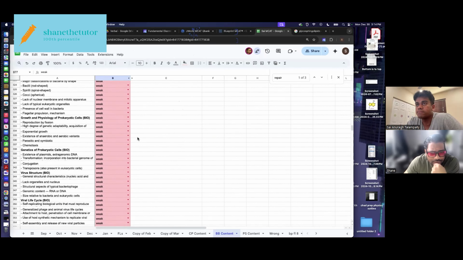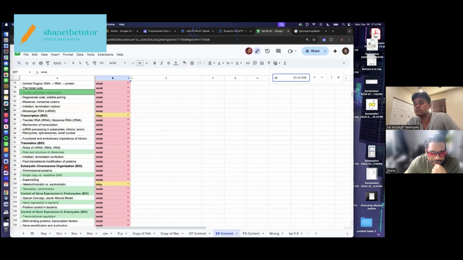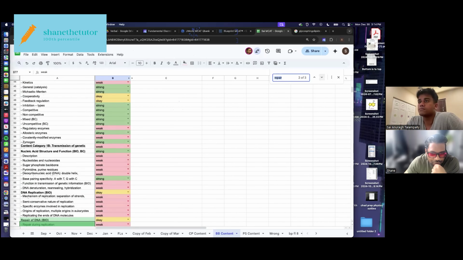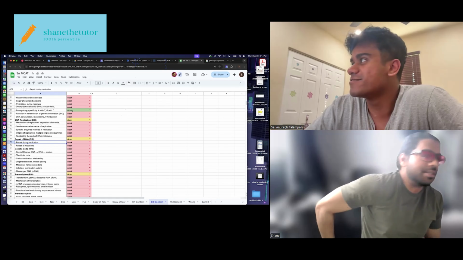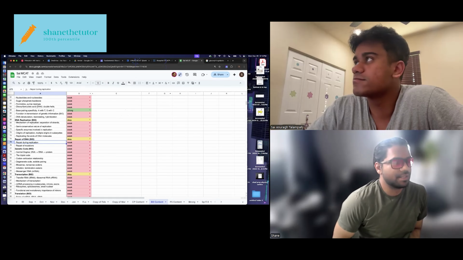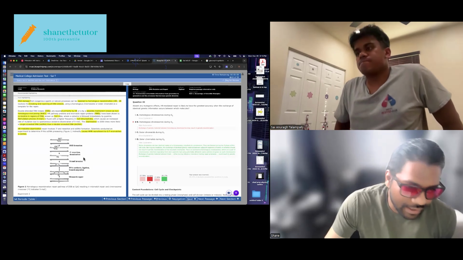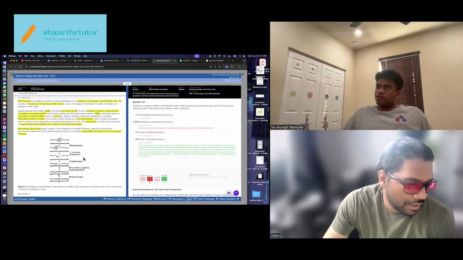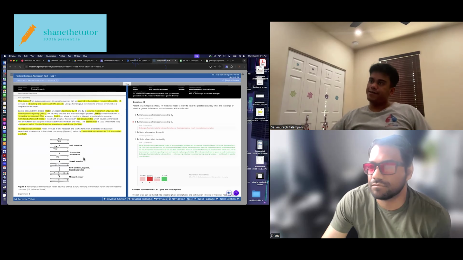It really just says repair of mutations, repair during replication. So that's just what you would be expected to understand, I suppose. I don't know if that means double-stranded breaks. The passage, I guess, tells you that. Okay, sounds good.